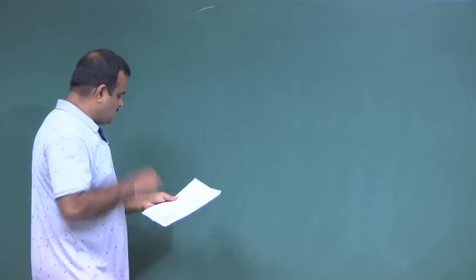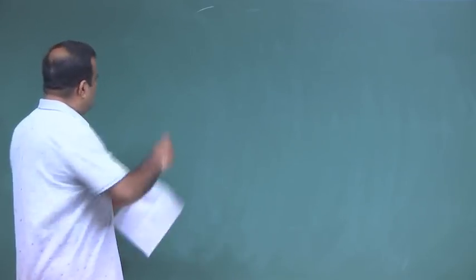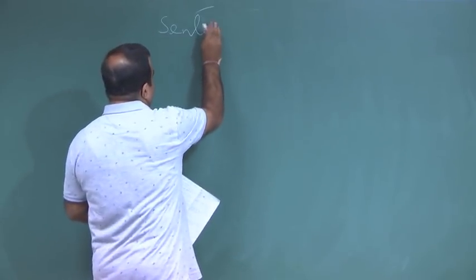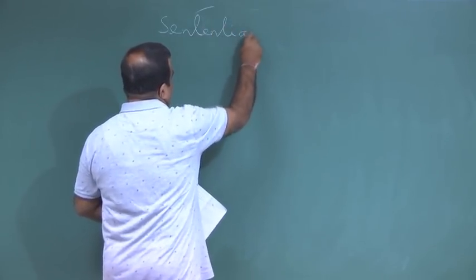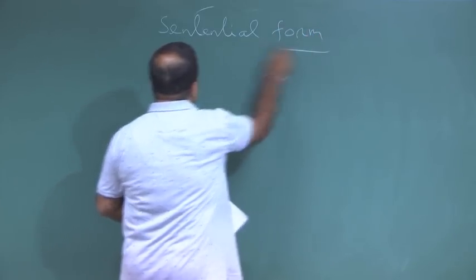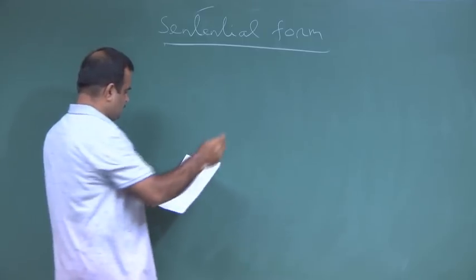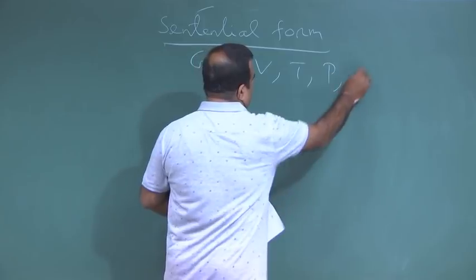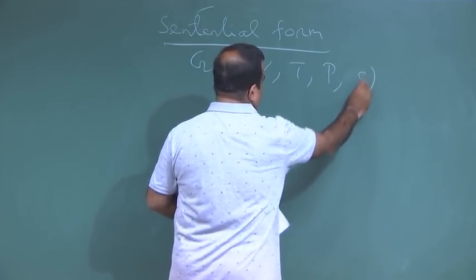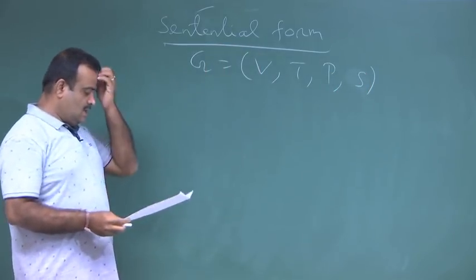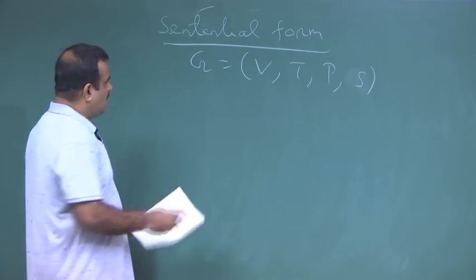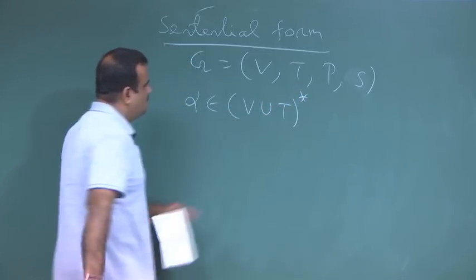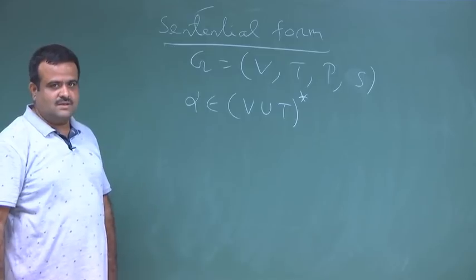Now, we will define what is called a sentential form. We are given a context free grammar. Now, alpha, which is a string, consists of some variables and some terminals.